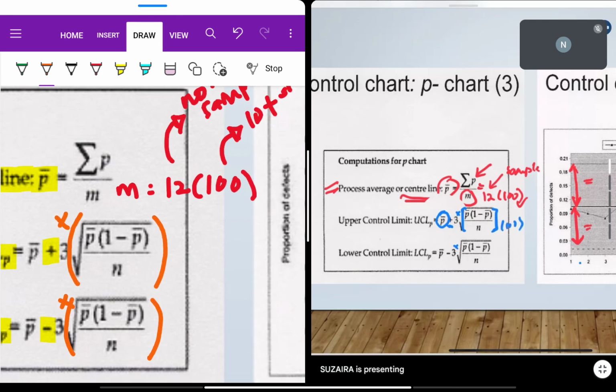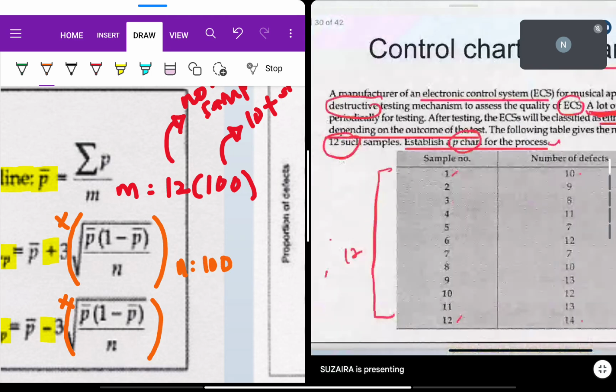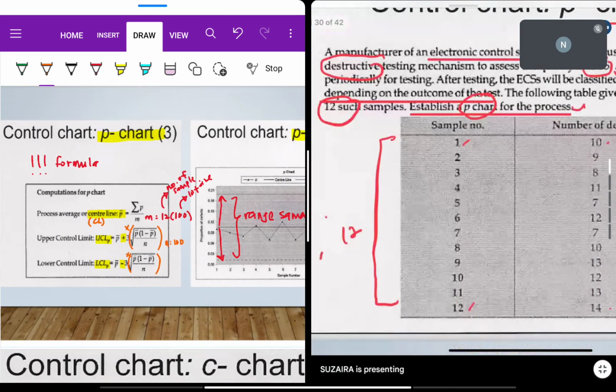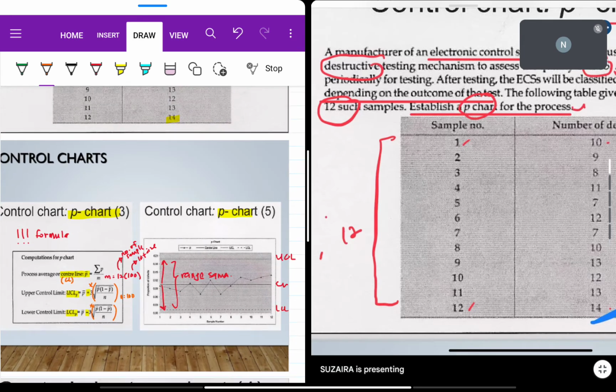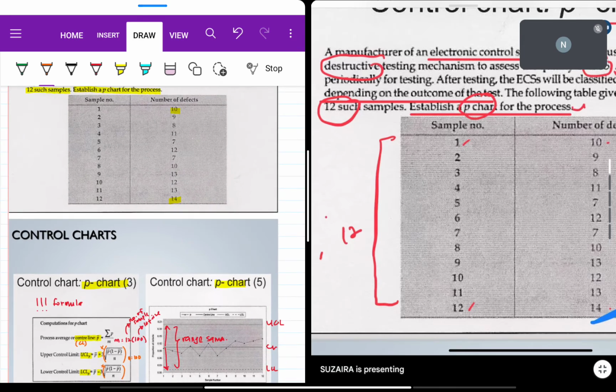Okay, right. For example, let's say if you want to calculate for this one, what is the total of this one? Please calculate the total for 10 plus 9 plus 8 up until 14. So how many do you get here?